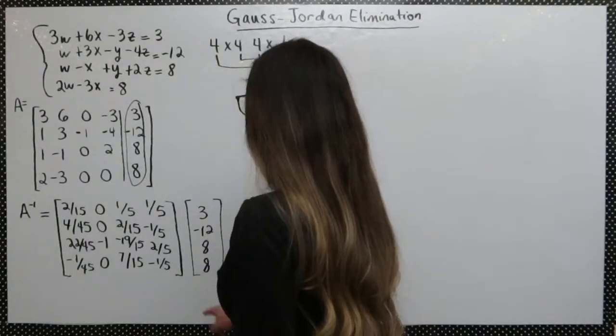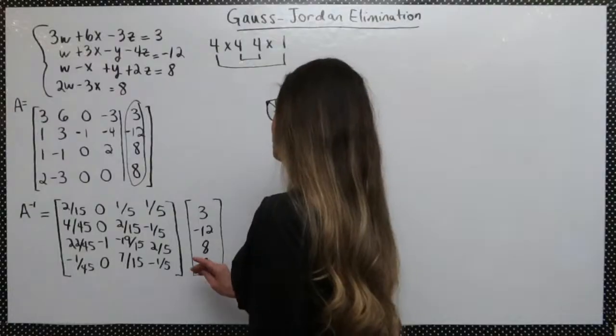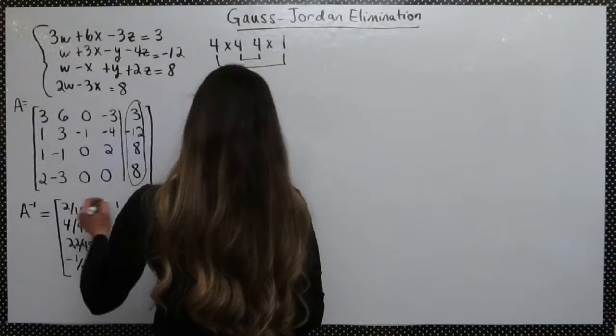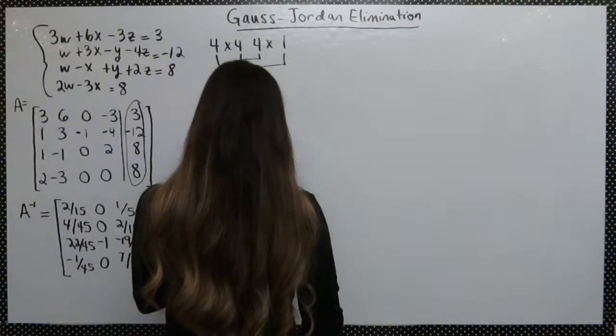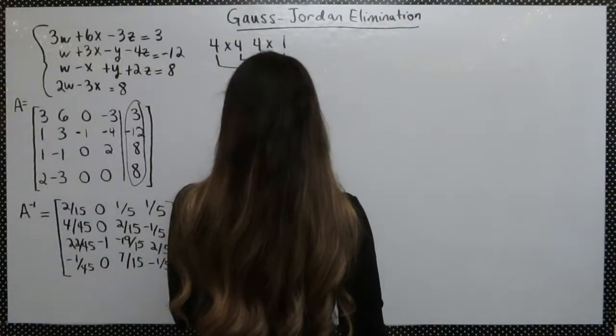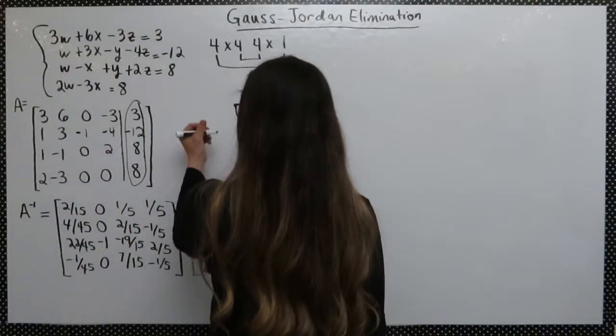So when you're multiplying matrices, it's rows times columns. So it's this first row times this column, and then put the answer here. It's going to be the dot product of the row and the column.